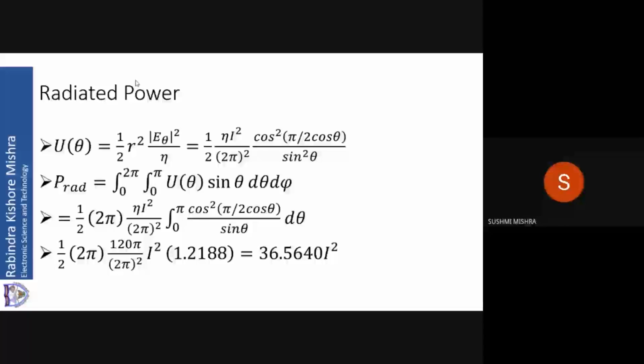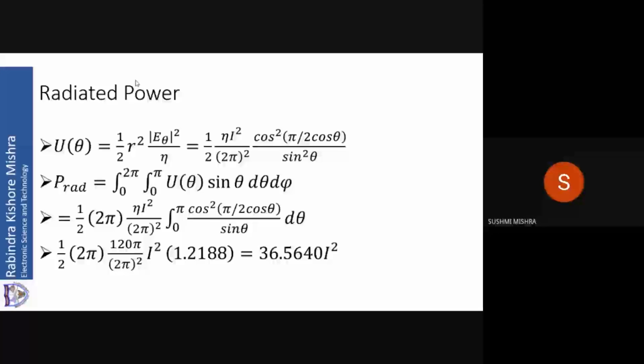Now if I use the value of pi, first I will cancel out pi. In the numerator I have got pi square, in the denominator I have got pi square. So cancel out pi. In the numerator we have got a 2, in the denominator also we have got a 2. So cancel those 2.